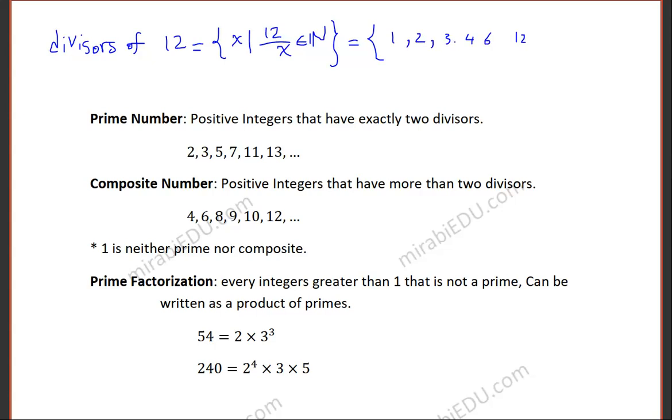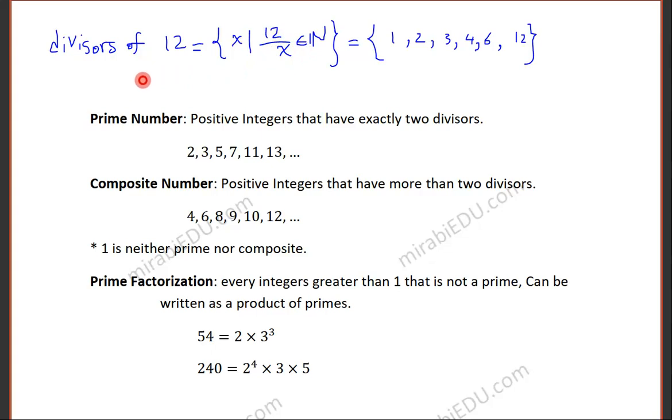So 12 has 6 divisors. These are the positive divisors of 12. We're thinking of divisors as positive divisors. So we're taking the positive integers x so that 12 over x is again a natural number.